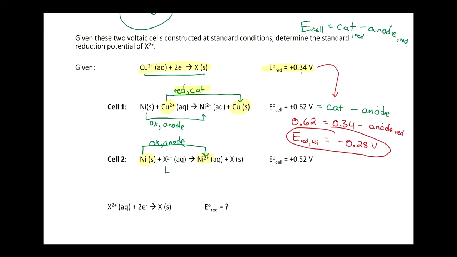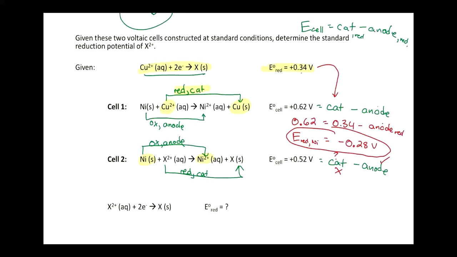But this time X, and this is what we want to figure out, is being reduced. It is our cathode. So we're going to do the same exact thing: the measured cell potential, 0.52, is the cathode minus the anode. But this time we know the reduction potential for which one? The anode, because we just figured out nickel's. Here I don't know the cathode's reduction potential. That is X, the mystery substance, but I do know the anode, which is nickel.